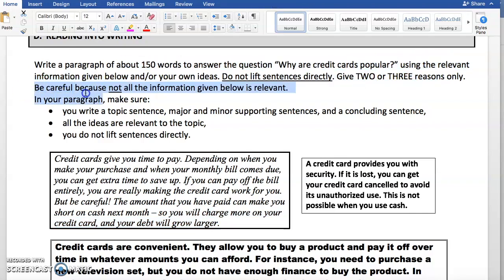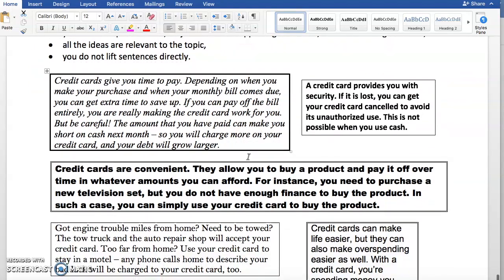Be careful. Not all the information given below in the texts is relevant. So you have to be selective. You have to choose the ideas from these reading texts that can be good for your paragraph, that can support your ideas why credit cards are so popular. All right?